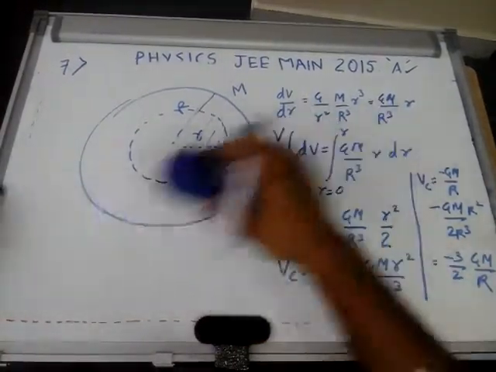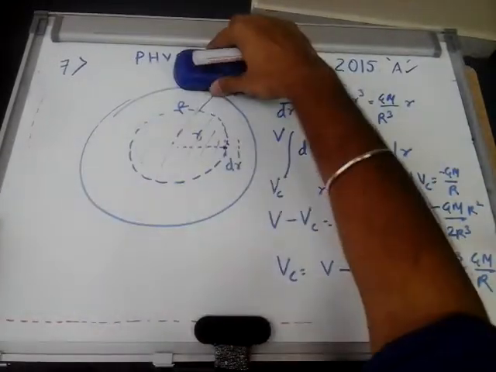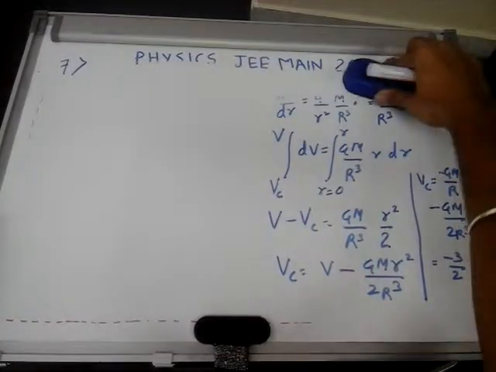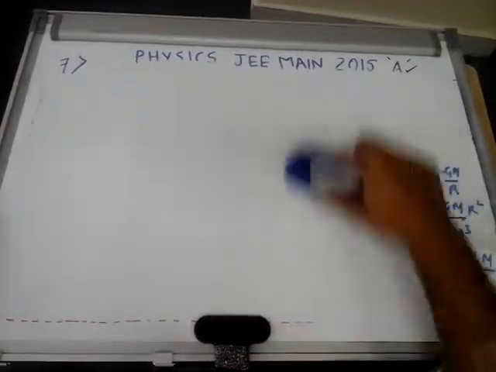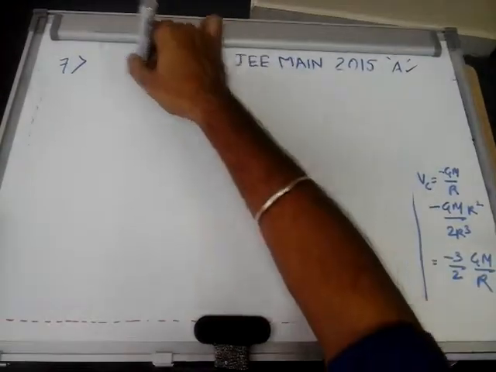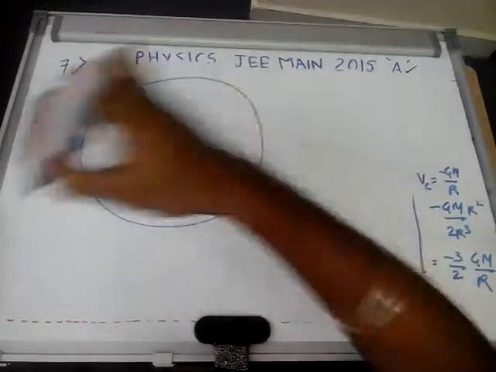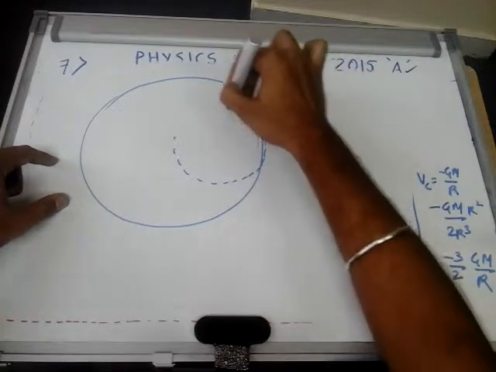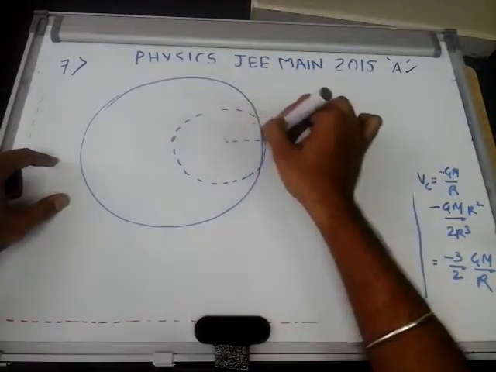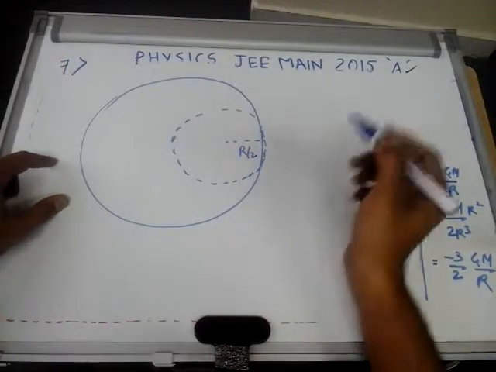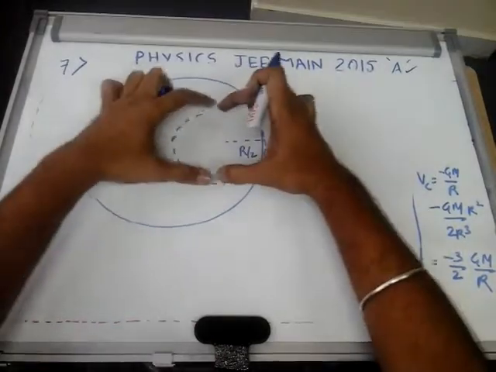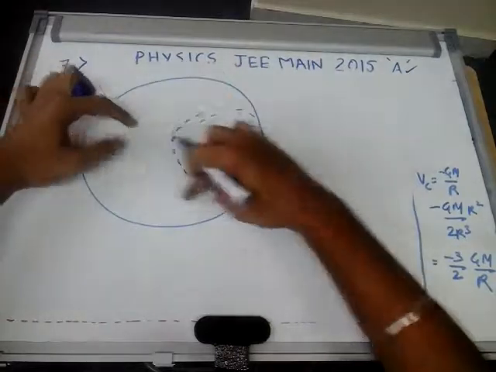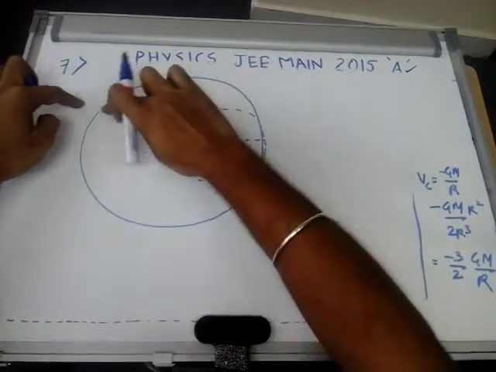Now let us continue with our question. From the solid sphere, I have removed a small spherical portion of radius r by 2. So in this region I have a cavity, nothing is there, and the remaining region is full of solid material.